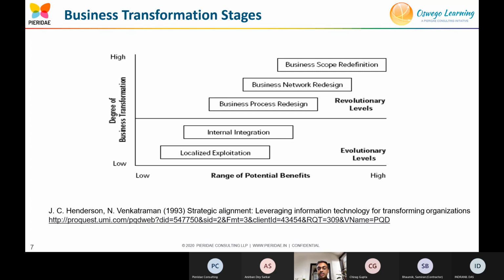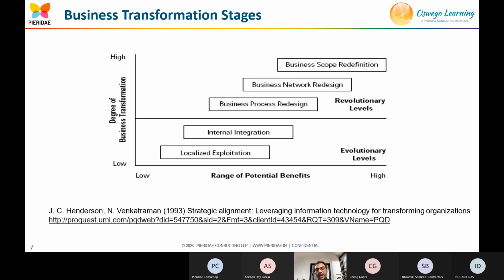For example, Amazon. Amazon was known for what? Online retail shop. Now they're the number one cloud service provider, AWS. So the entire business scope has been redefined for Amazon from an online retail store. They were using all these different AI technologies in their own data centers.